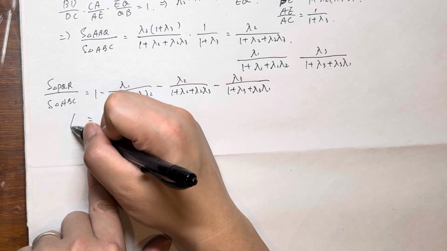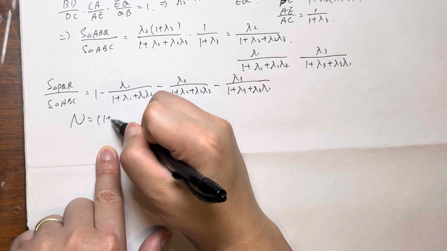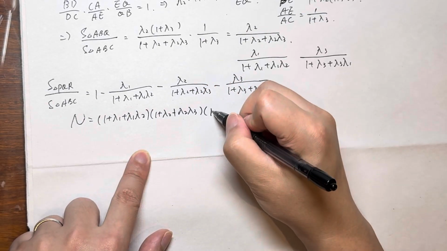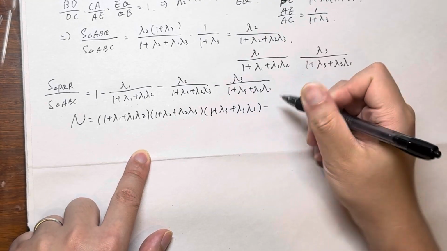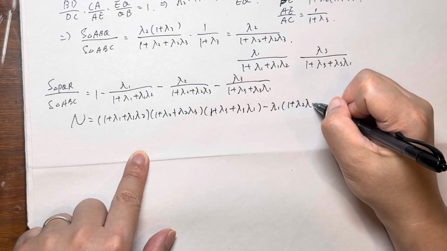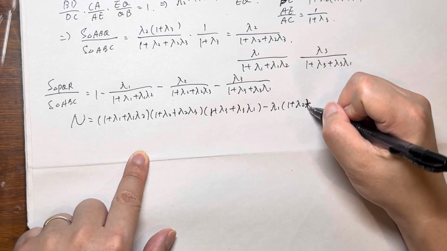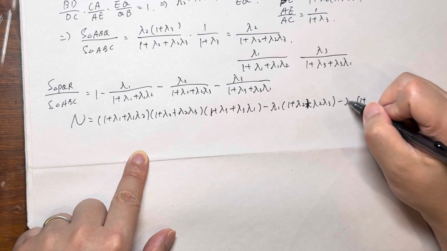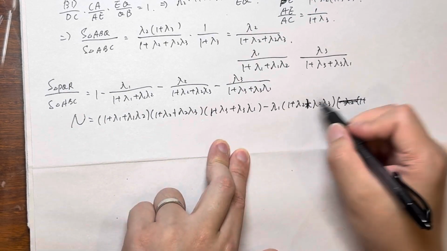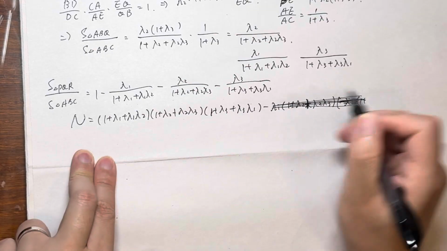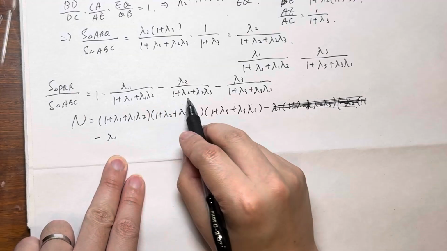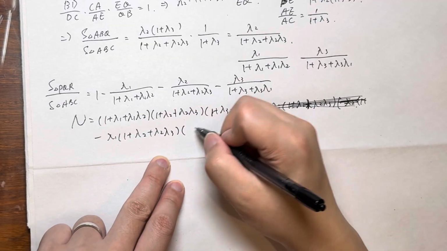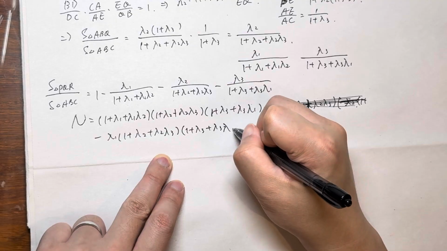So let's just consider the denominator, which is (1 plus lambda 1 plus lambda 1 lambda 2)(1 plus lambda 2 plus lambda 2 lambda 3)(1 plus lambda 3 plus lambda 3 lambda 1) minus lambda 1 times the other two, which is (1 plus lambda 2 plus lambda 2 lambda 3) and (1 plus lambda 3 plus lambda 3 lambda 1), right?